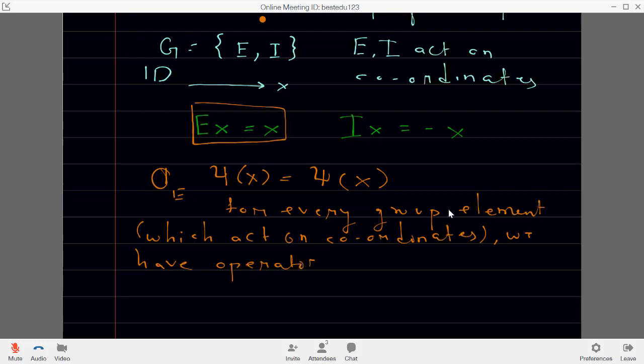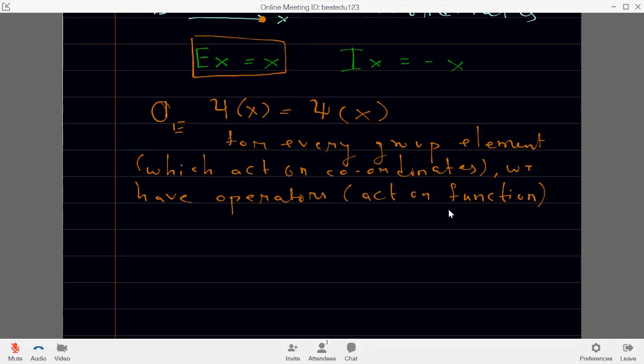These operators act on functions of the coordinate. So let me just write function. As you can see here, I gave one example. If O_E acts on psi of x, we get psi of x.